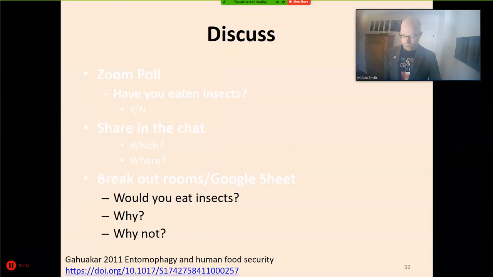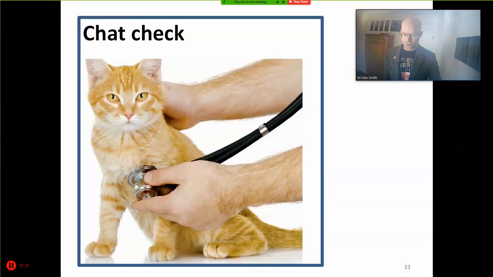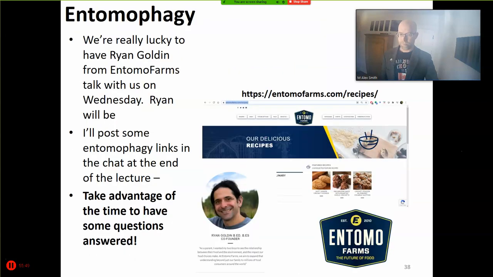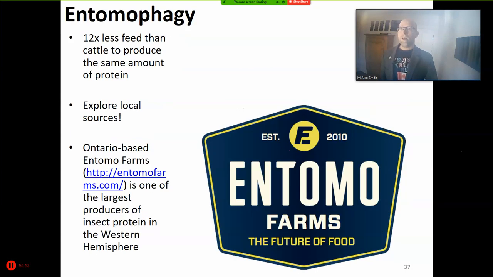Now, in the last minute or so that we have together, I'm going to jump ahead to the fact that we are going to be having Ryan Goldman from Entimo Farms, Ontario-based Entimo Farms.